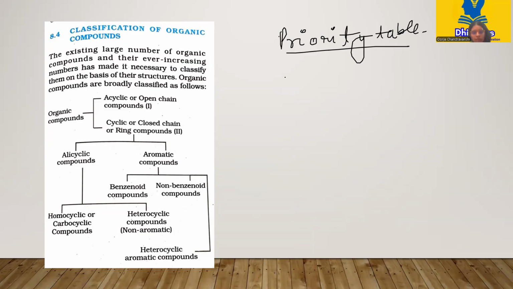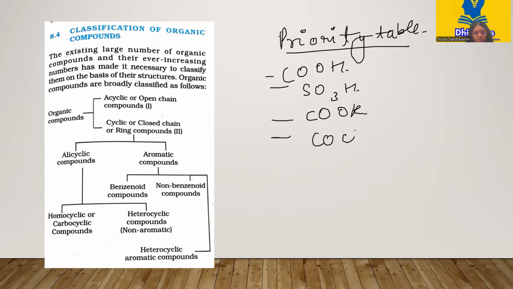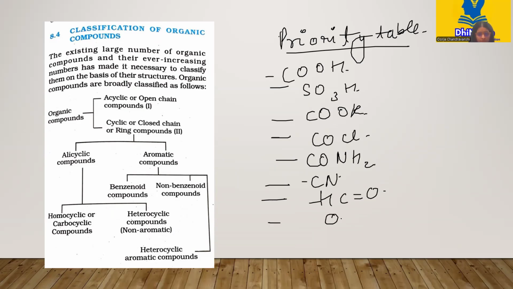So at first you will have COOH, then we have SO3H, then COOR, then we'll have COCl, CONH2, CN, then we have HCO, OH, and there is NH2.